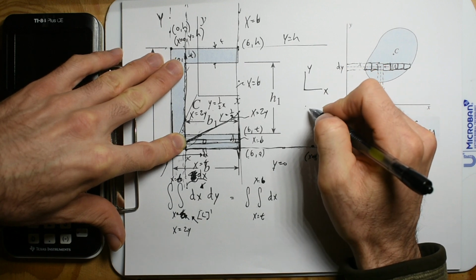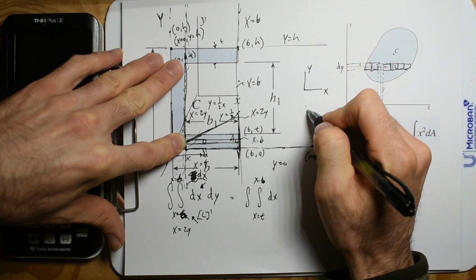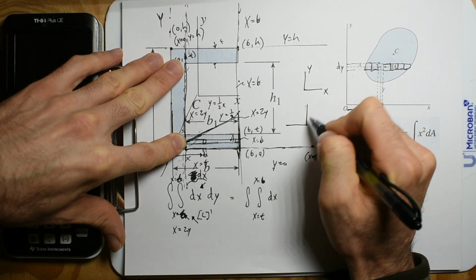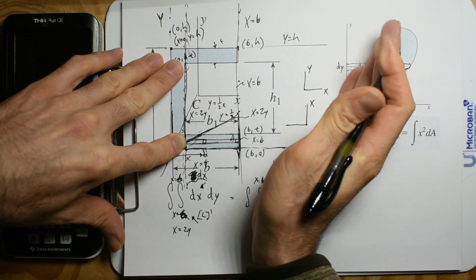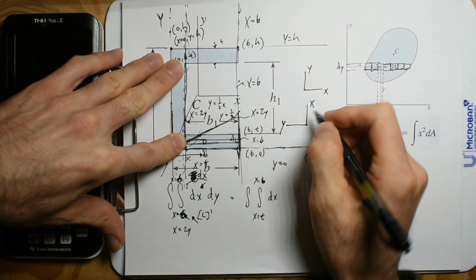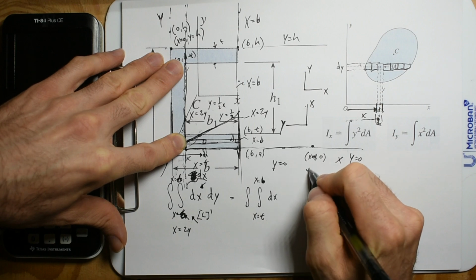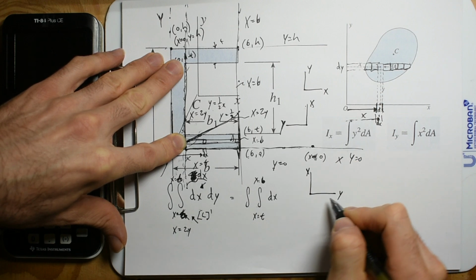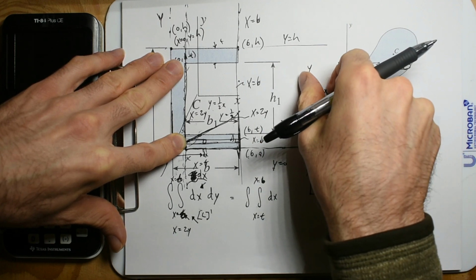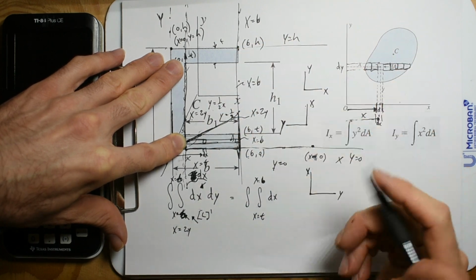How would you even do this? Yeah, you just tilt it 90 degrees. If I had the axis like this, you probably wouldn't do it like that anyway, you would do it x, y, and you would have to invert it. See how you would just rotate it, but then you would have to invert it.